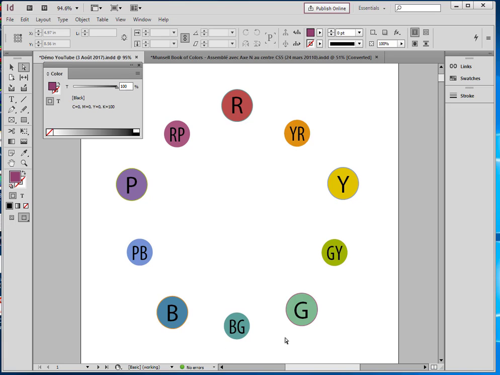But the base idea of the system was that it was a decimal system. I think at the time, as I read, he was influenced by a guy named John Dewey, who was a librarian. You may have stumbled on the Dewey system if you went to your local library many moons ago, because most libraries have switched to the Library of Congress classification since then.